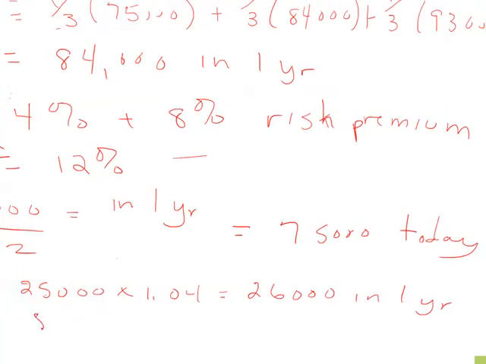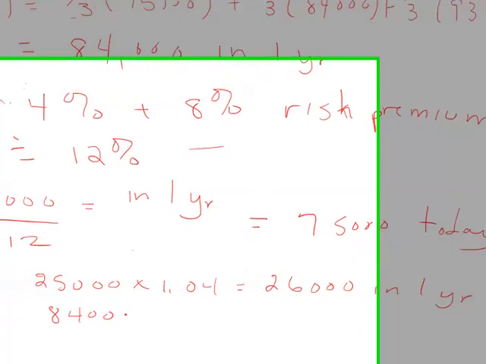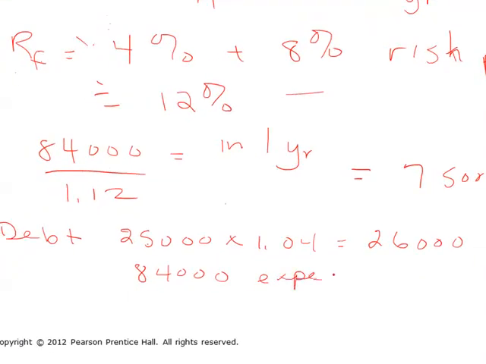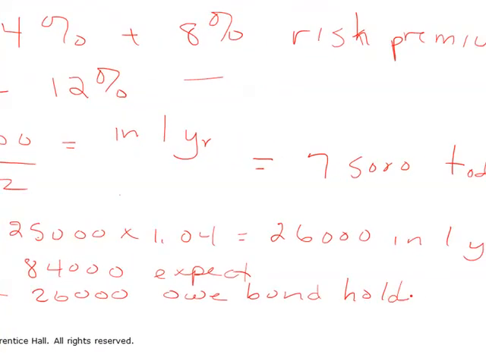Well, you expect to get $84,000, and you're going to have to pay $26,000 to the bondholders to pay them back. They get paid first out of those earnings. That leaves you with $58,000.